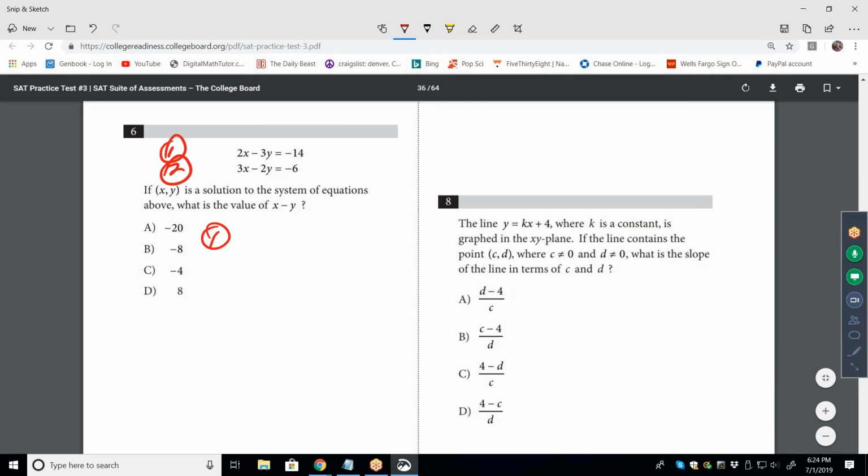Okay, give me what's the result. 6y, 28. Okay, now what am I going to do to the second equation? Good. Tell me what I get.